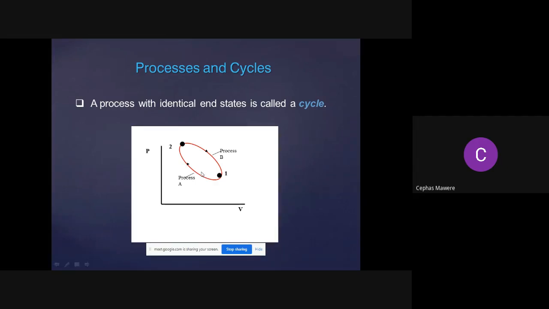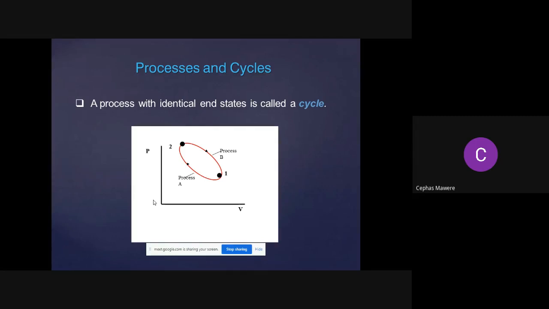So in this case, where we've got a PV diagram of a system, where we are comparing the pressure and the volume, we are simply saying that initially the system was at point number 1, and it changed to point number 2, which means there was a reduction in volume. So the volume of a liquid or of a gas was compressed.